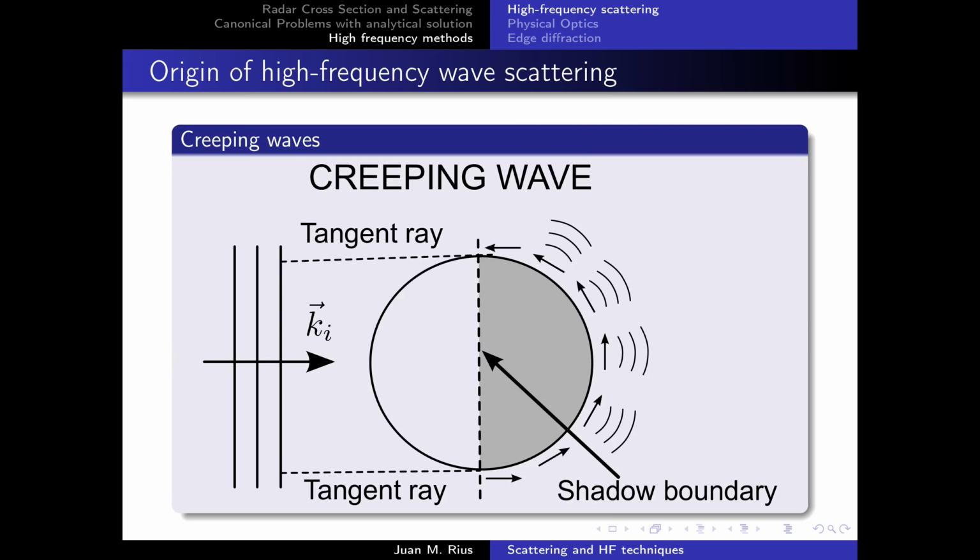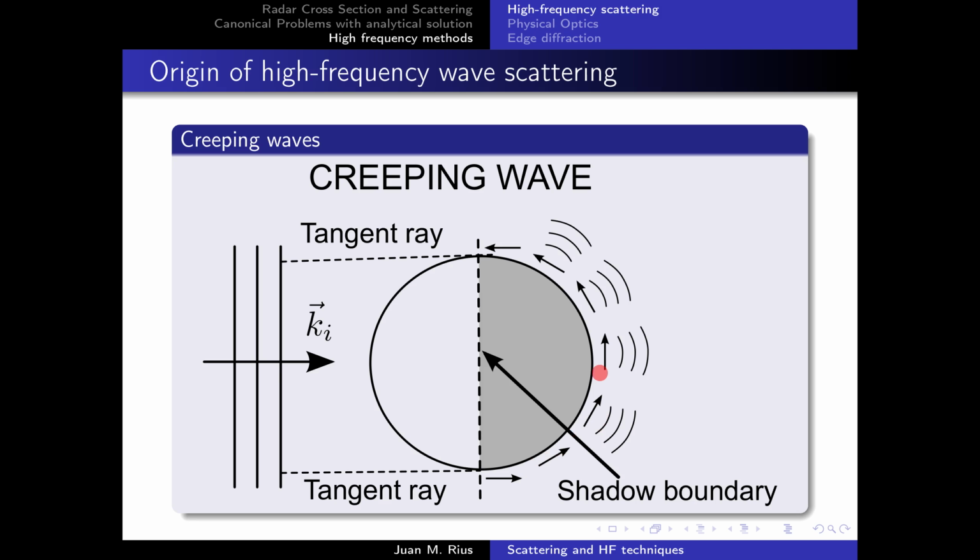There is another important effect that you already know, the presence of creeping waves. The incident field produces currents in the illuminated region, so initially the current in the shadow region should be zero, but when the polarization is in the plane of the tangent ray and the unit normal to the surface, we have a surface current wave. There is a current wave that travels along the surface following the tangent ray direction, and this becomes a creeping wave in the shadow region.